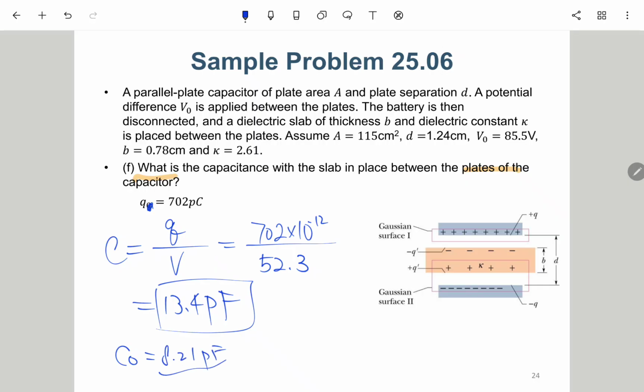So it only increased by 40 something percent, maybe should be more than 50% here.